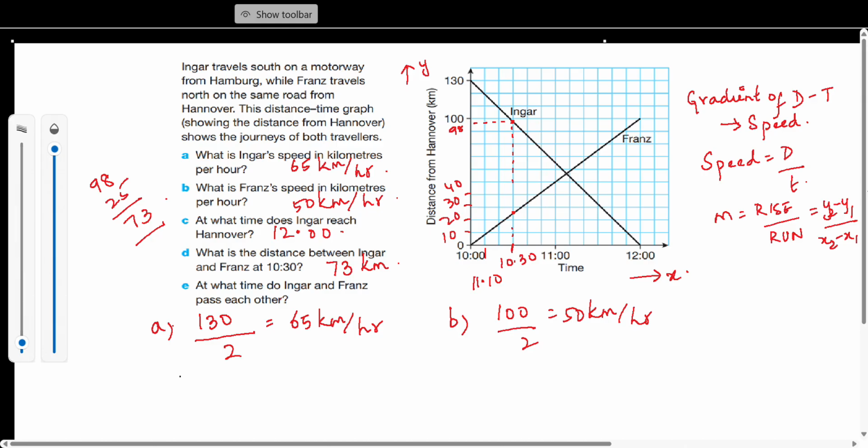At what time do Inga and Franz pass each other? They pass each other here because the two lines cut here. That is the interpretation. Now let us see what time this is. This is 11, this is 11:10.